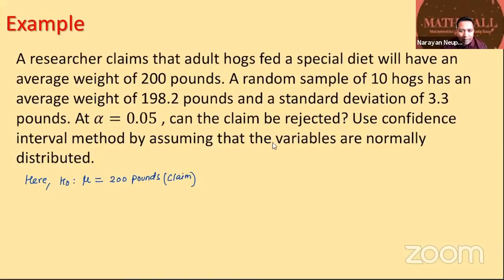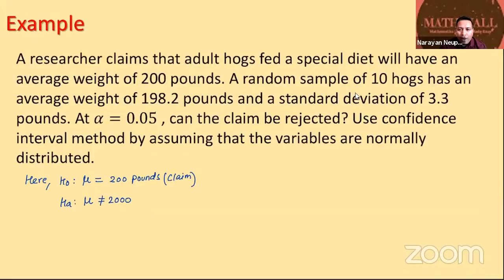So we have to check whether the mean is 200 or not. So the alternative hypothesis will be that the mean is not equal to 200 pounds. Now, clearly we can see that this is a two-tailed test because the alternative hypothesis has a not equal to sign. So this is a two-tailed test.